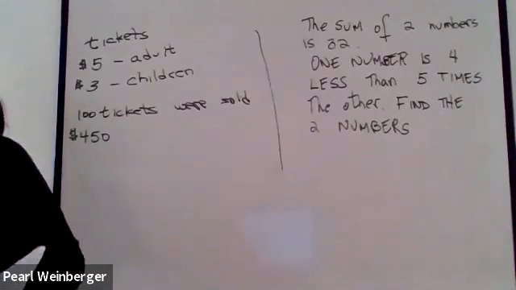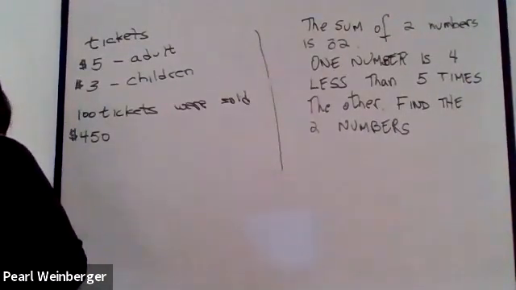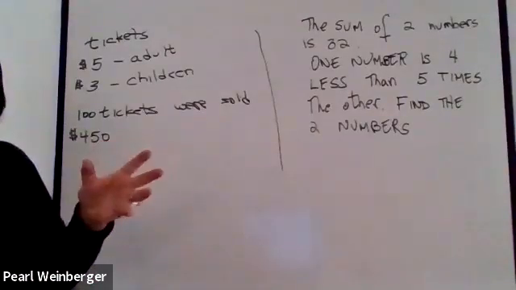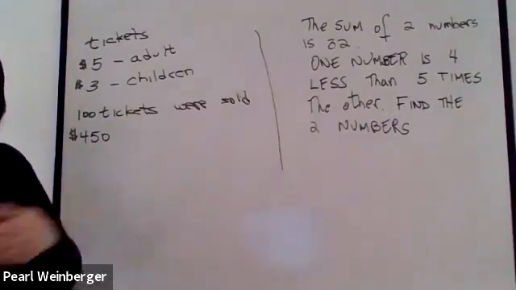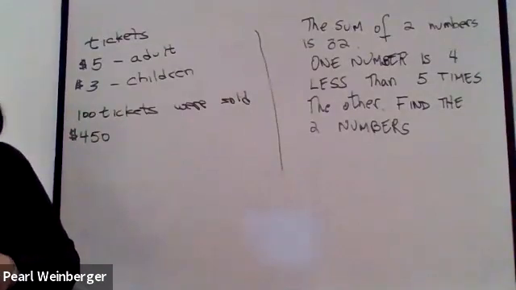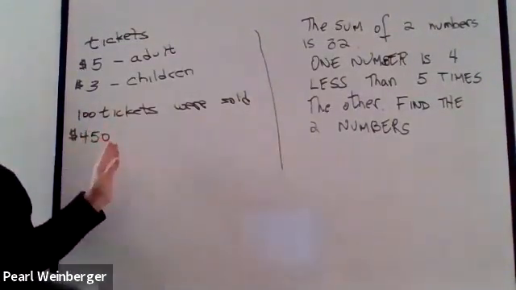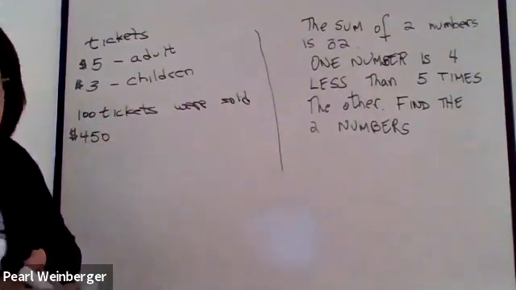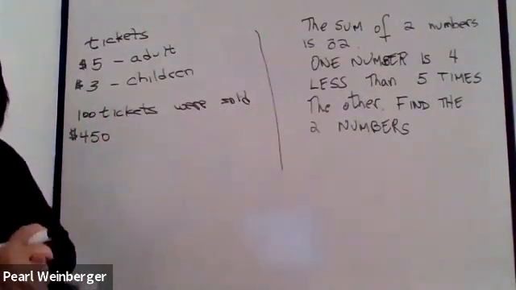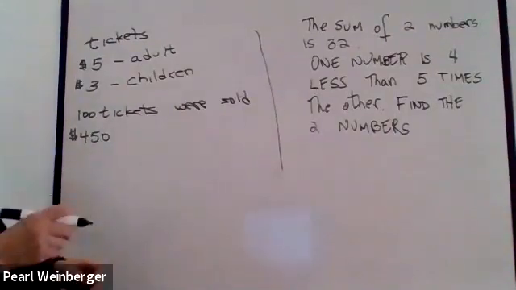A total of $450 was made from selling these 100 tickets. Remember, there's a combination of tickets. Some of them are adult tickets, some of them are children's tickets. We want to know how many tickets were adult tickets and how many tickets were children's tickets.